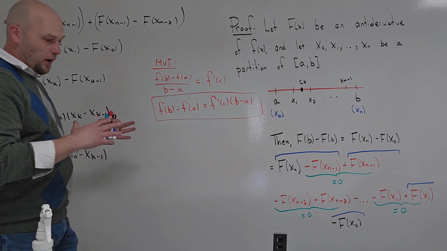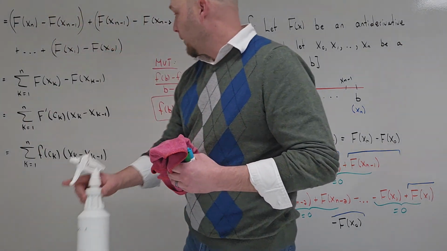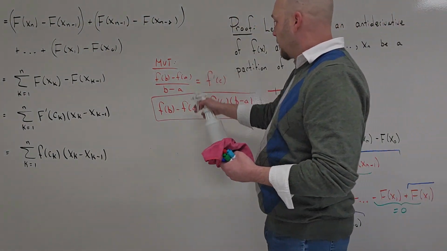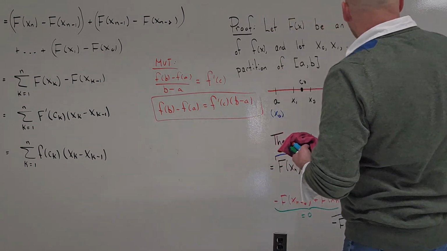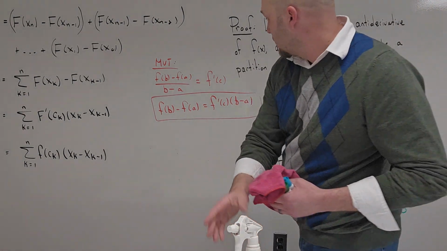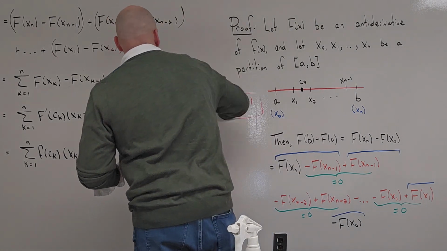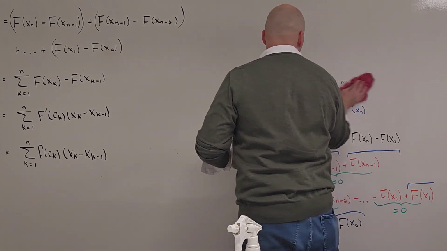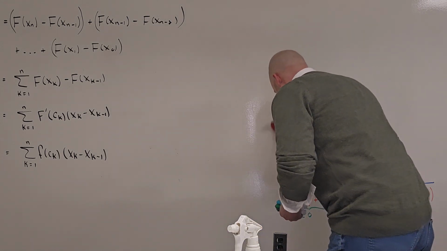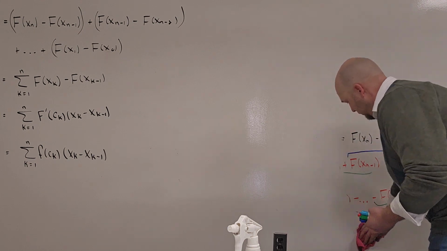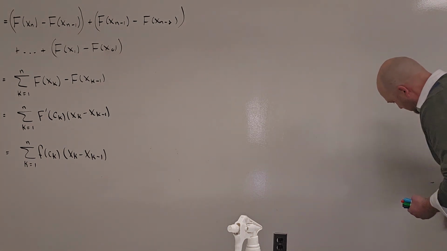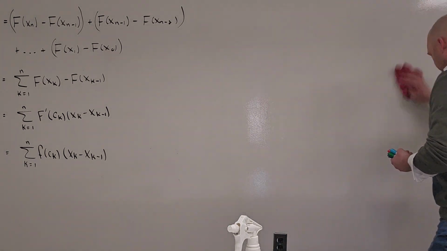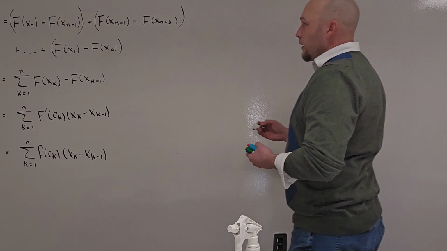Let me summarize what I have all on the same line then. So the beginning of this string of equalities and the last thing that I wrote up there. All right, here's where we are.